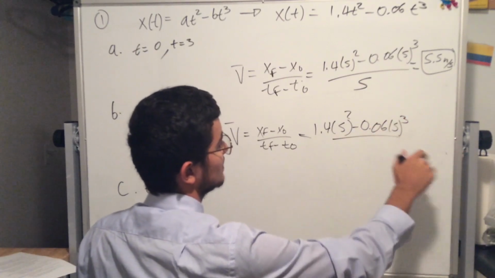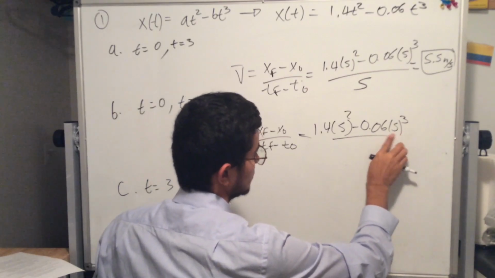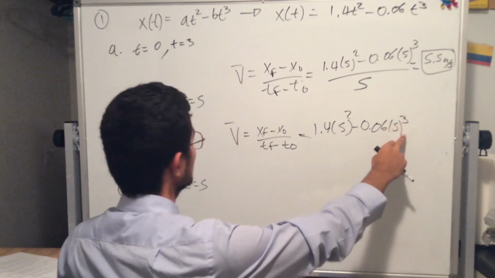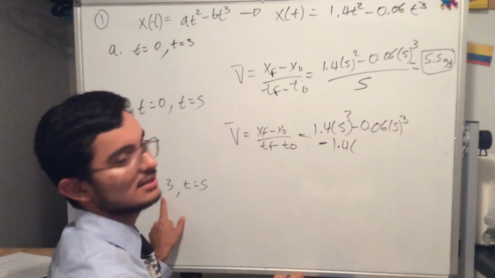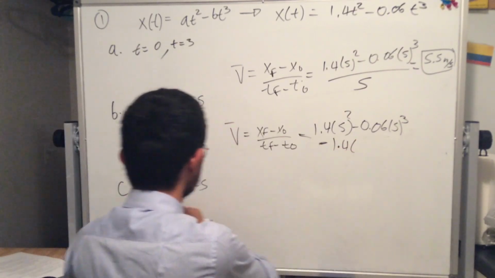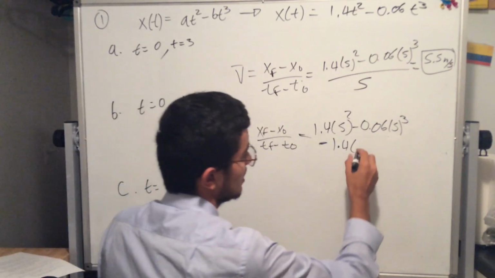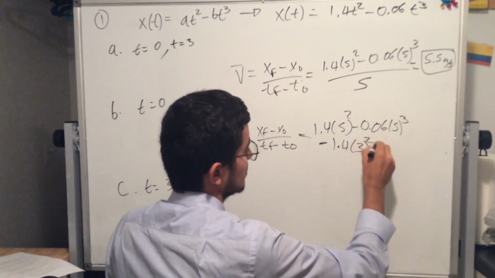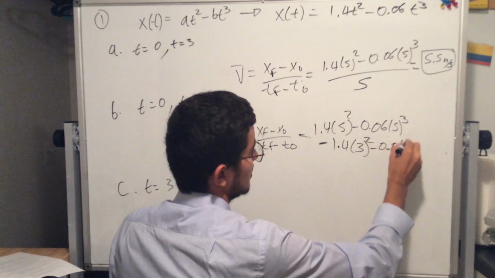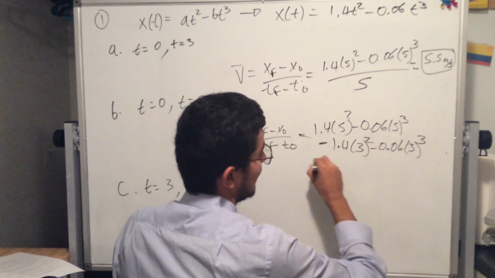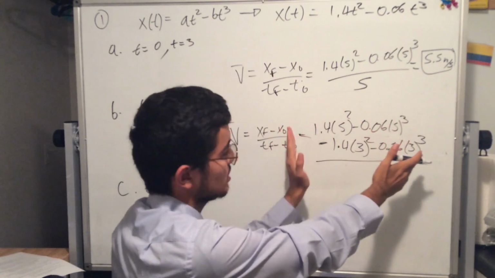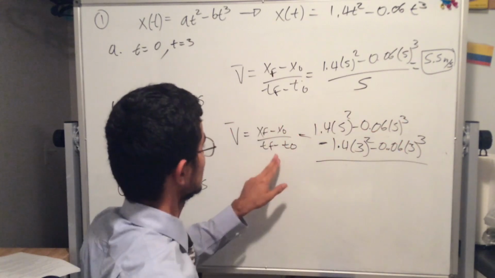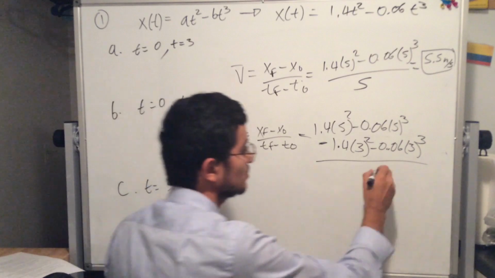But that's not everything, because we have to subtract the position function evaluated at t0, and t0 in this case is 3 seconds. So 1.4 times 3 squared minus 0.06 times 3 cubed. Everything that results from this operation is going to be divided by the change in time. 5 minus 3 is 2.